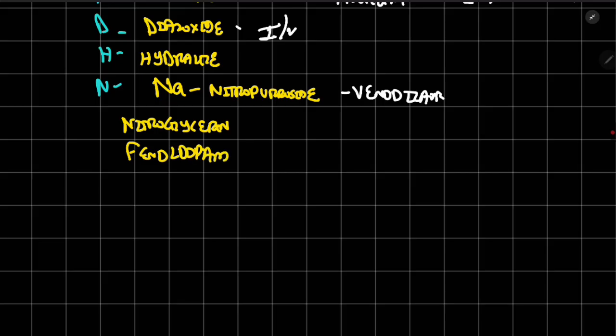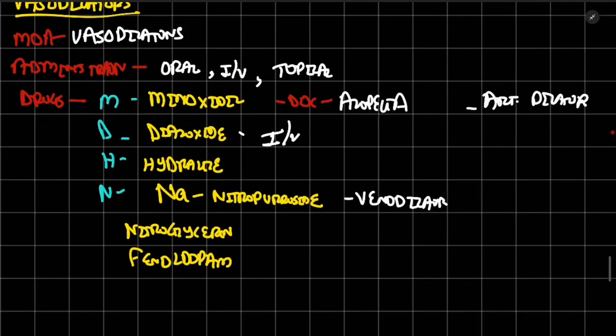It is not a proper vasodilator, but it is a D1 agonist, so peripheral arteries are dilated. We have minoxidil, diazoxide, hydralazine, sodium nitroprusside as the main drugs, where minoxidil, you should know, is the drug of choice for alopecia. Then nitroprusside, a venodilator, is one of the most important drugs.